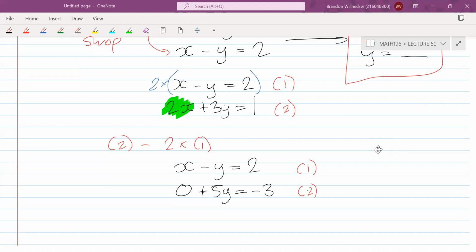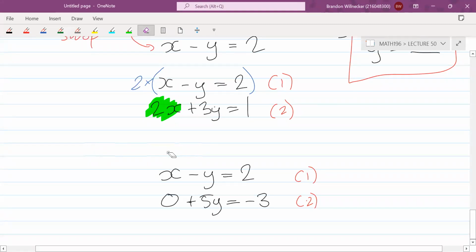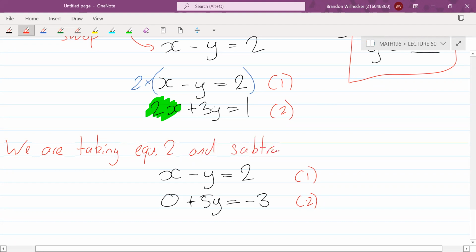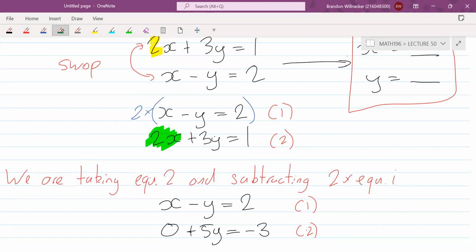Okay, sure. So we're taking equation 2 and subtracting 2 times equation 1. So what we have here is this 2x and then minus 2x if we look over here.